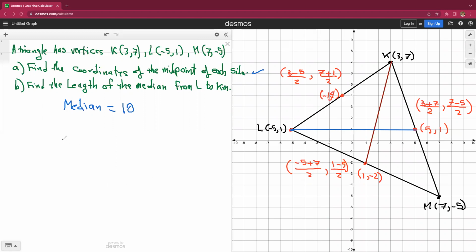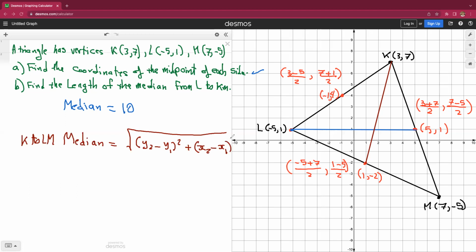So the median, and I'm going to use the same color, here's the median from K to LM. The median equals, now we have to use the formula that we used earlier, which is y2 minus y1 squared plus x2 minus x1 squared.